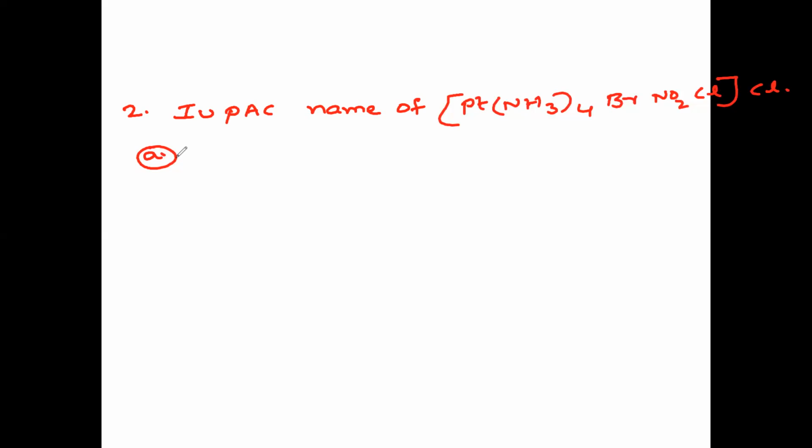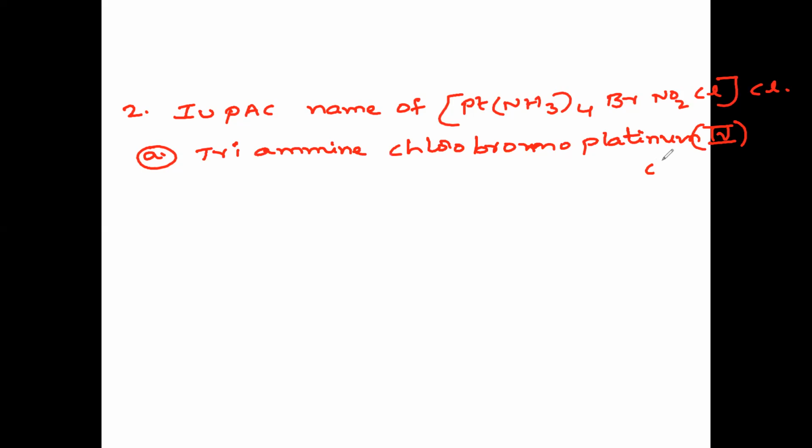The name of this compound is, option A, triamine chloro or chlorido bromo platinum(IV) chloride. This is a very big name, so please try to understand.